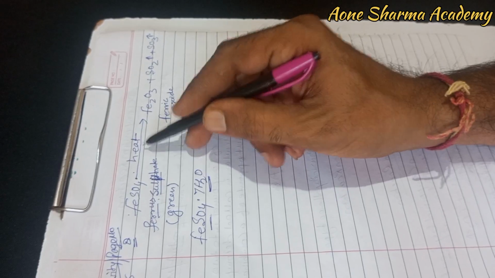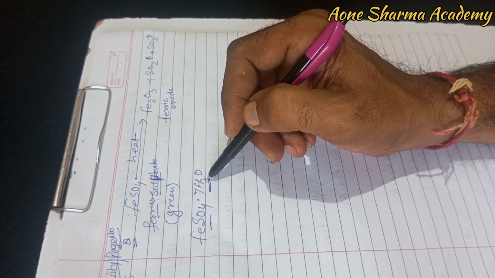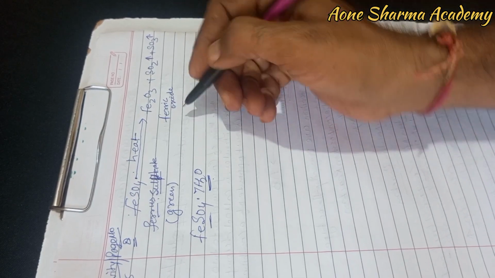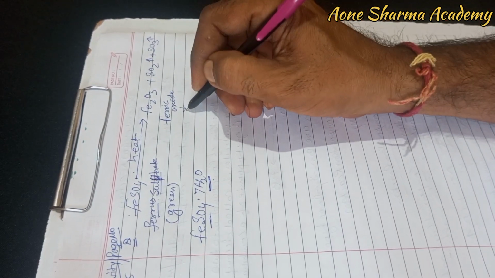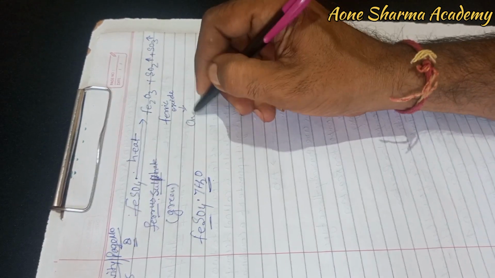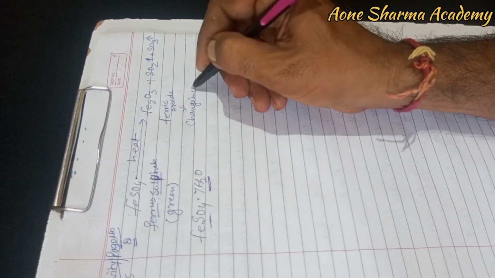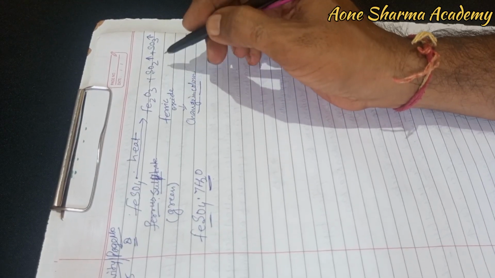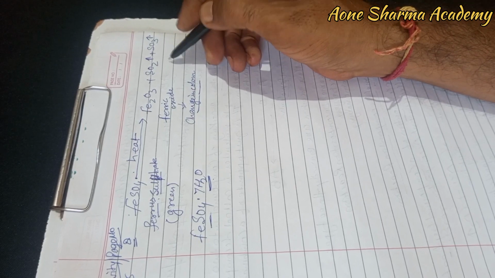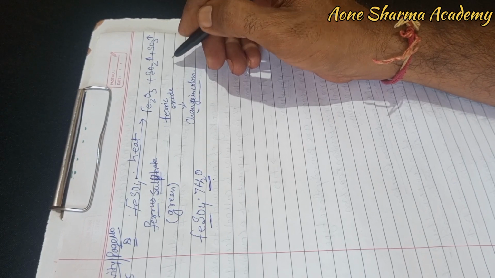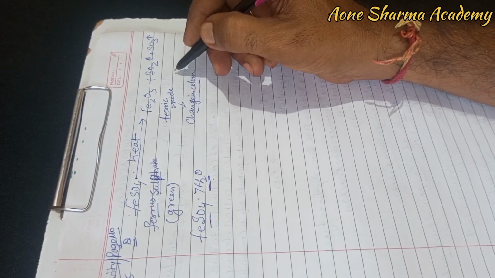So when we heat it, it breaks down into ferric oxide and changes color, and forms ferric oxide with sulfur dioxide and trioxide. It is the second best example of the decomposition reaction.